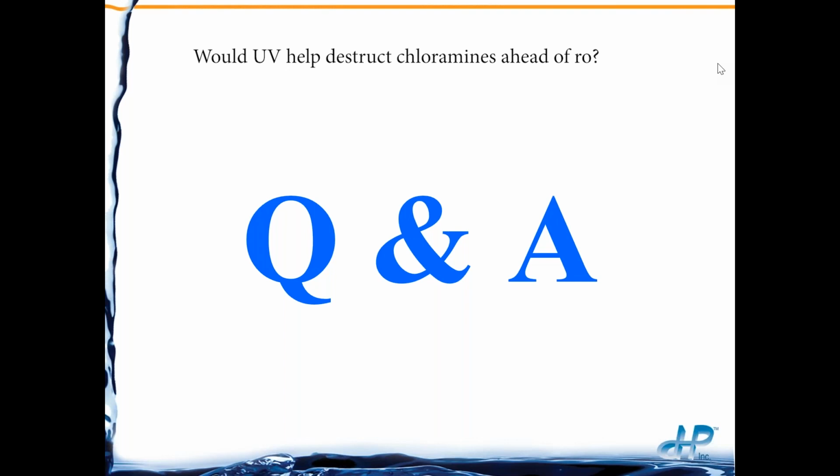At least for the RO membrane, it may be an issue downstream, but not for the RO membrane. So I personally have never seen an application where using UV pre-RO to try to get rid of the chloramines. So I wanted to just reply to questions 1 and 2. Now we'll see if there's any more questions that have come in.